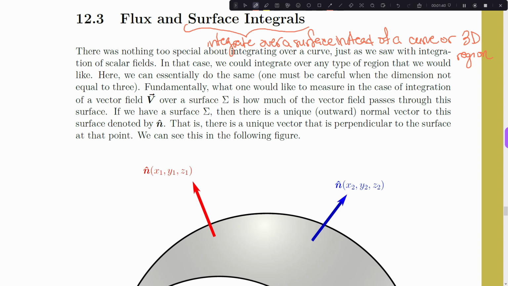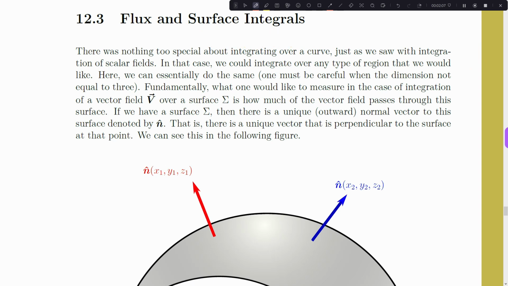So we're thinking about integrating over some sort of 2D region that's possibly curved in 2 dimensions. So think about like the surface of the Earth or surface of a Pringle chip. Any object we grab, right, in 3 dimensions, it has a 2-dimensional surface. So we're going to compute values via integration over these surfaces.